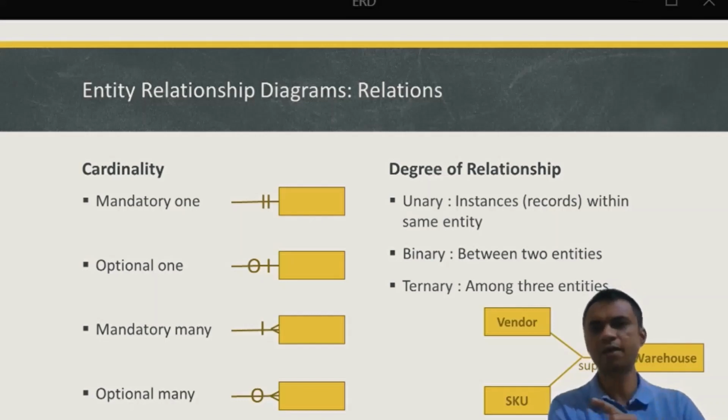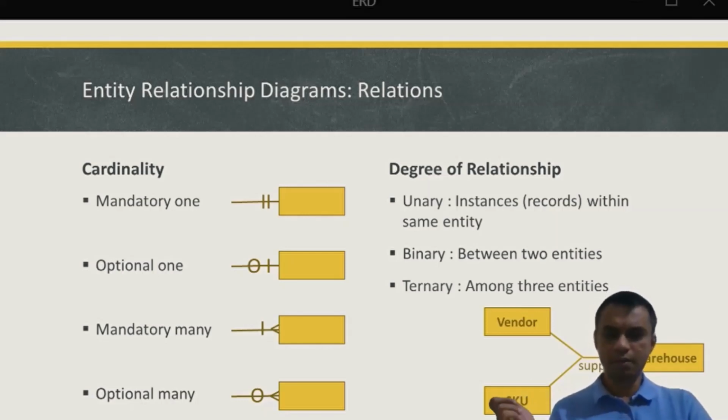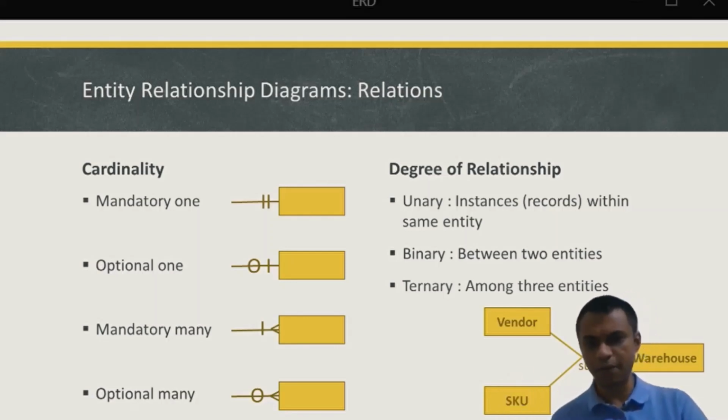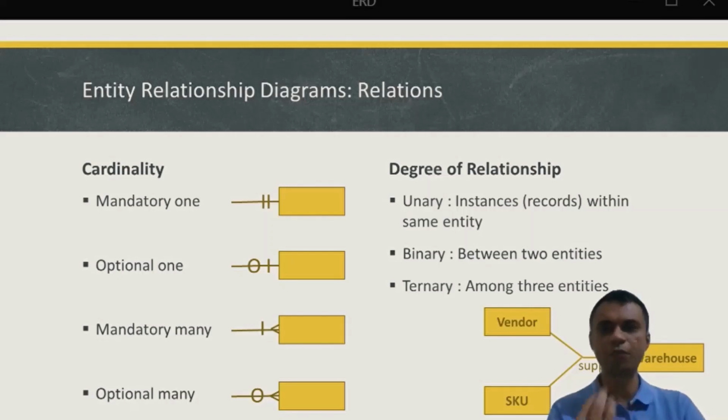There is a seller, there is a product, and there is a warehouse. And all three are connected through the supply that is coming to me. Right? So that is the relationship between the three, that the vendor supplies the particular SKU from a particular warehouse. That's how I would define that relationship.